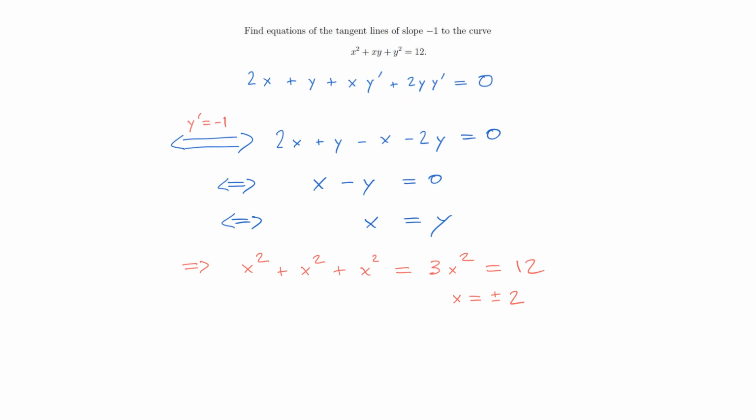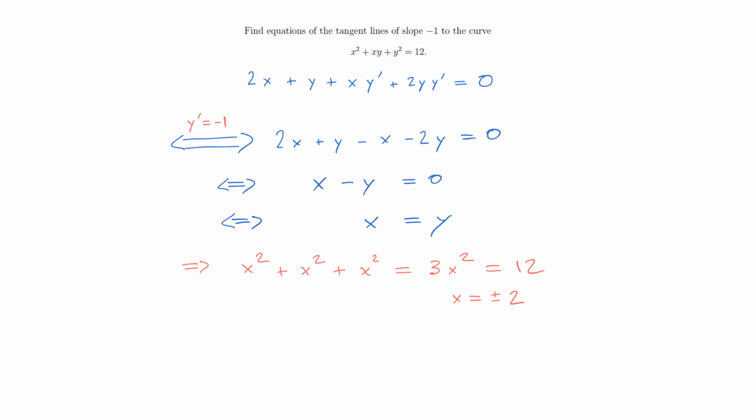So we indeed get 0, and that equation is true. So as soon as we have x equal to y, that is a point where y prime is negative 1. That is the slope of the tangent line at those corresponding points. There's 2 of them, 2, 2, and minus 2, minus 2.